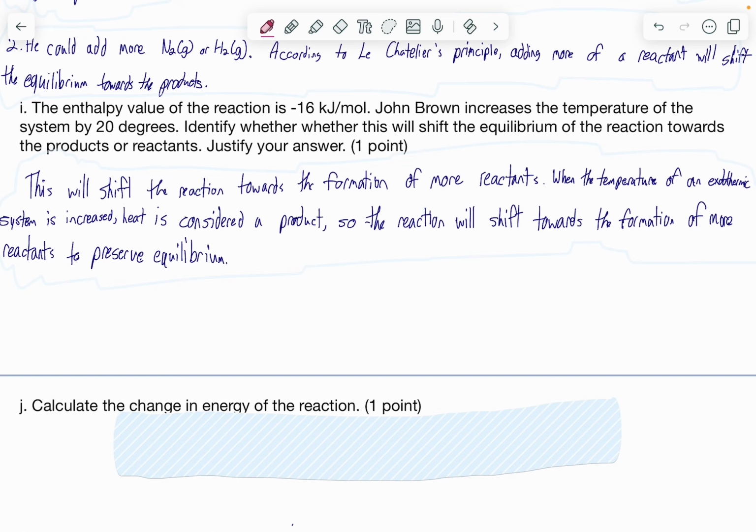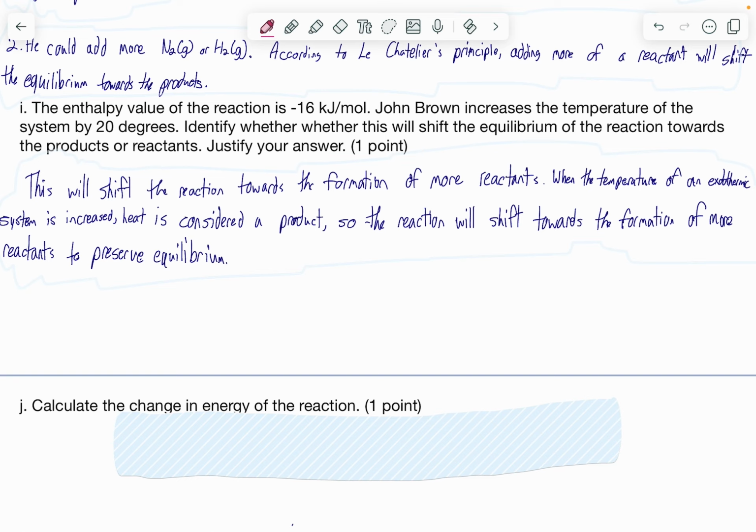So this is an exothermic system. It's an exothermic reaction because heat is being released when we have the reaction. The energy in the nitrogen gas and the hydrogen gas is being released into the system.